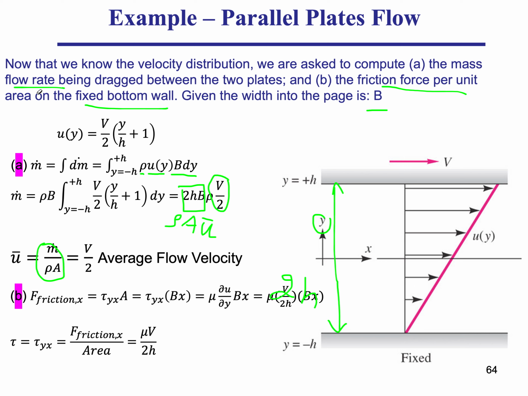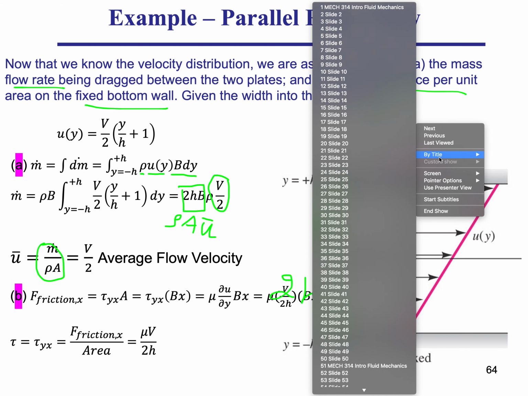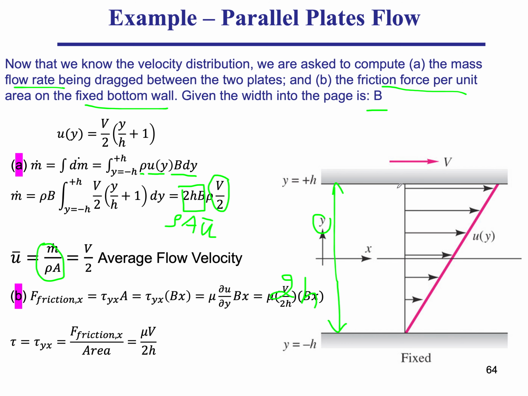So when they ask us to look at the frictional force per unit area on the bottom wall, there are two forces that a fluid can exert on an area. One is shear stress, and the other is pressure. And we found in the previous slide that the pressure is uniform. So if they asked us to find the normal force, they wouldn't ask us for the friction. But here they're asking us for the friction, so they're hinting that we should look at the shear stress.